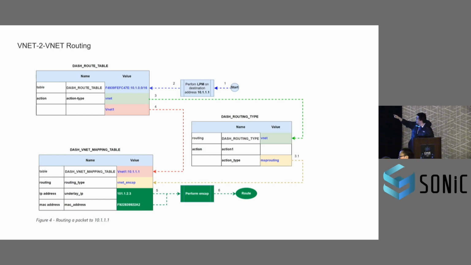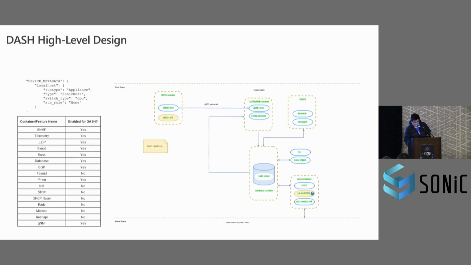The action says this is a VNet, and then it goes to another routing type, looks up the VM, and the VNet action. This action is doing the mapping table. For this particular VM, we know the IP, and we need to find the host. Then we find the host and get the host IP, which is 101.1.123. Then we do the encapsulation and send it out. This is a very detailed example of how we make it work.